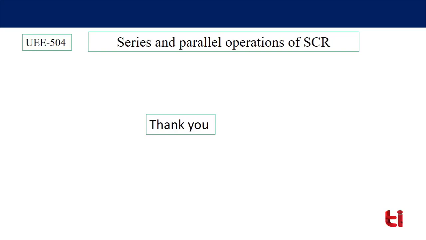Then we discussed a method of connecting a shunt resistance, the same value of shunt resistance across all the SCRs, to equalize the voltage shared by the SCRs, instead of finding different resistances for individual SCRs, which would make the system much more complex. So the shunt resistance method is more suitable in the case of series connection of SCRs.